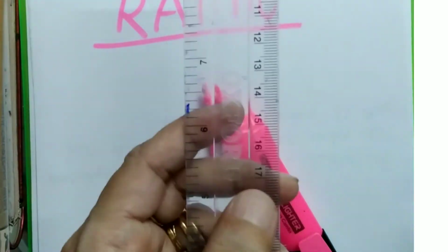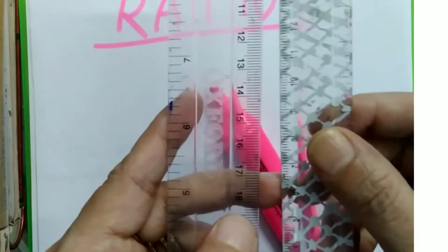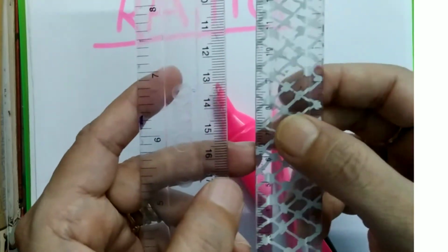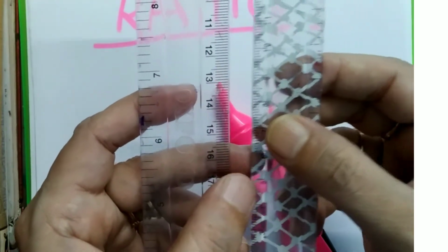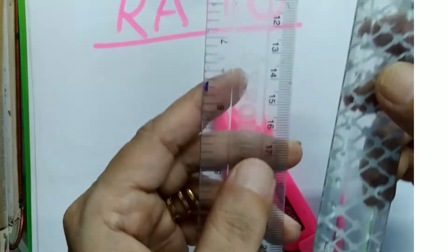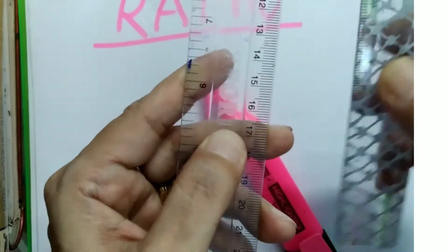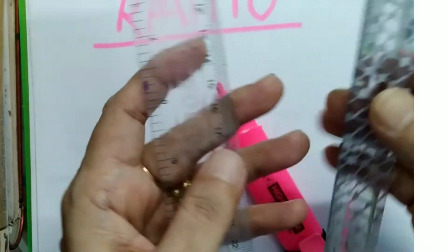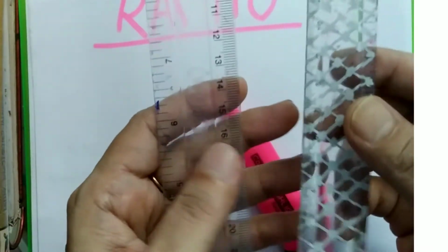Again, if I take another scale, now you tell me these two scales, whether they can be compared or not. Yes, these two scales we can compare, regarding their length, their color, their weight: which one is longer, which one is white, which one is black, which one is heavy, which one is light. So these things we can compare if they are of the same kind.